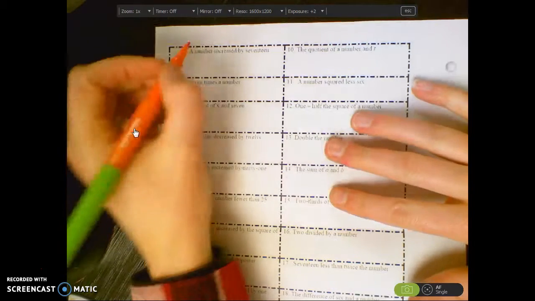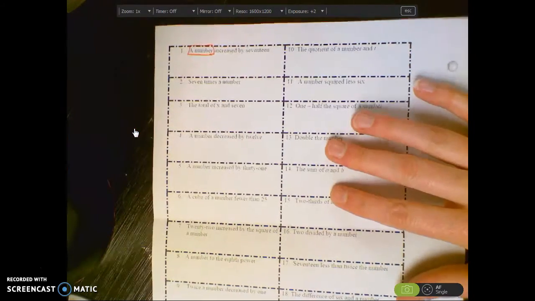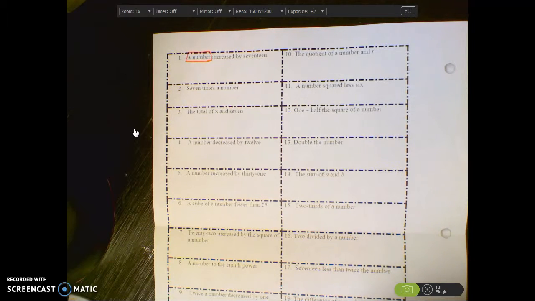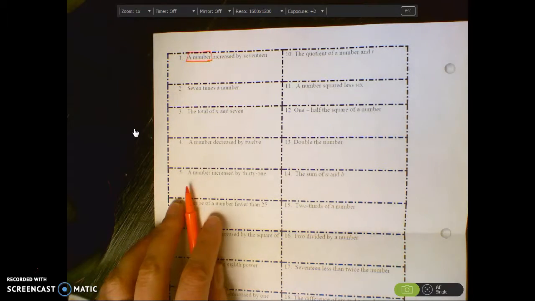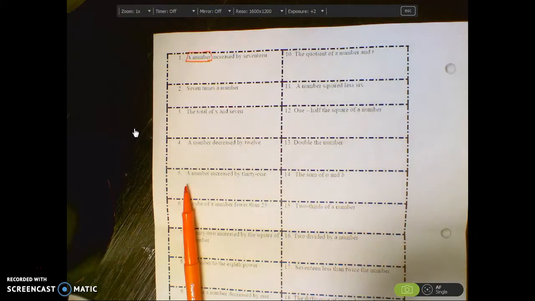So the first thing I'm going to do is I'm going to look for a number. And every time I see a number, I'm going to box that in. A number just means that I need to put in a variable for where it says a number. Okay? Then the next thing I'm looking for in my expression every time is what I'm doing to that number. So am I adding to it? Am I subtracting it? Am I multiplying? Am I dividing?